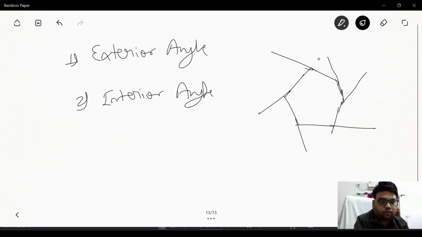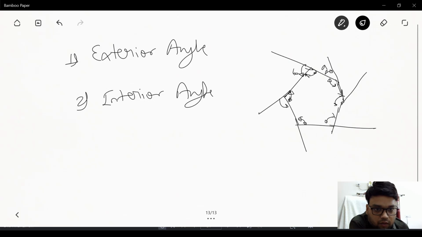Yeah, like this. Here, this is a closed figure having many sides. I am not counting how many sides. Here we can say that this one is an angle, this one is also an angle, this one is also an angle. These are all angles.